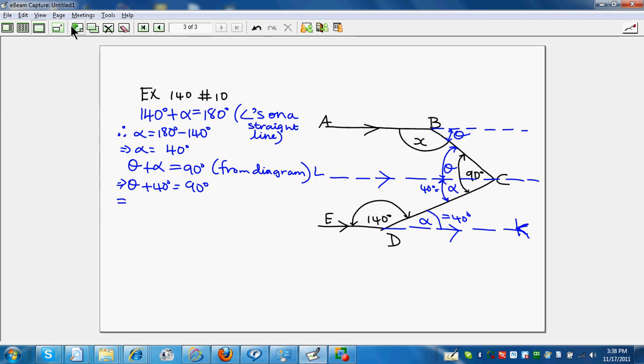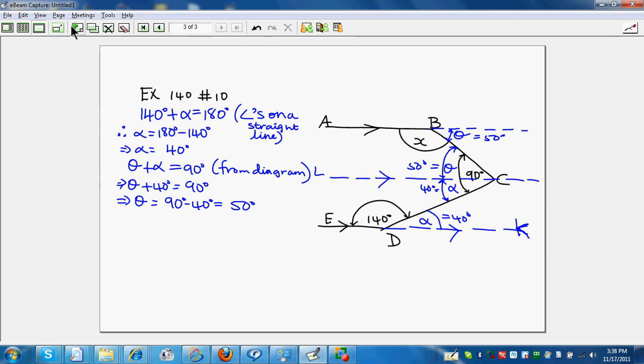And therefore theta is equal to 90 minus 40 degrees, which is 50 degrees. So we know theta is 50 degrees now. So if this here is 50, then this here is 50.